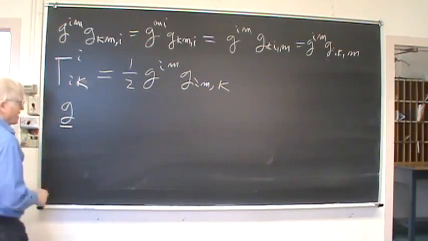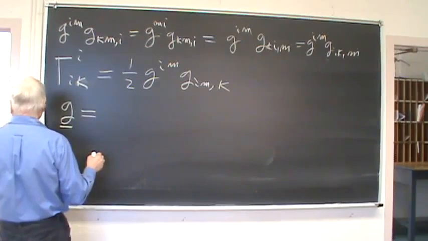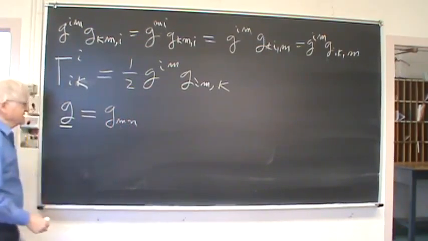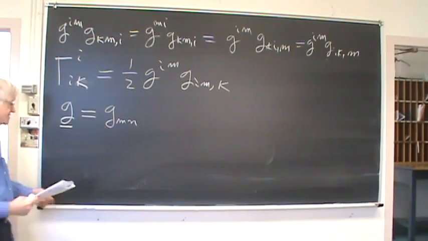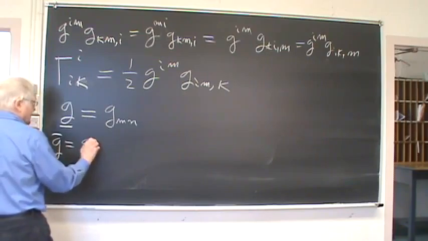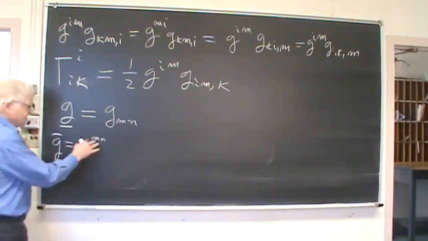G underscore is going to be the metric, let us say G_{MN}. So this is the metric tensor with lower indices, and I'm going to use G upper bar for the matrix that is, let us say, G^{MN}, whose entries are G^{MN}.